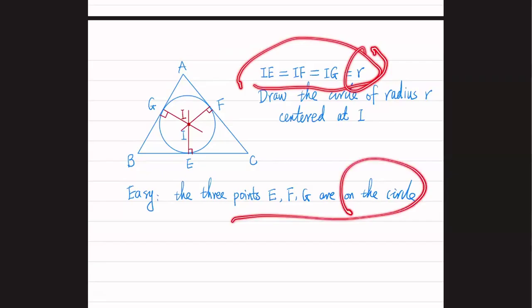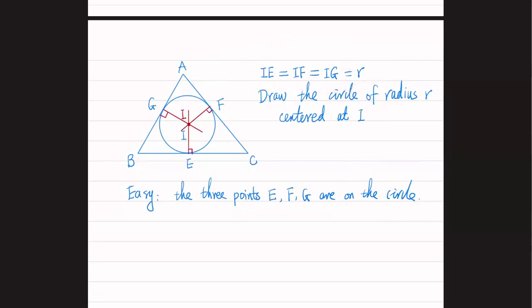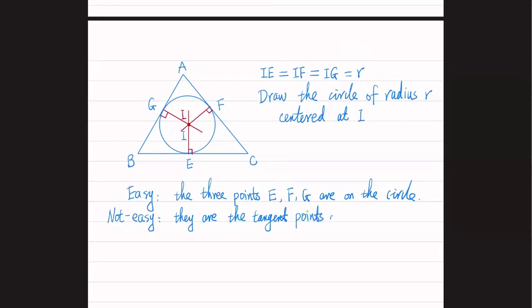Therefore, they are on the circle. But the not easy part, these three points are tangent points of the three sides to the circle.